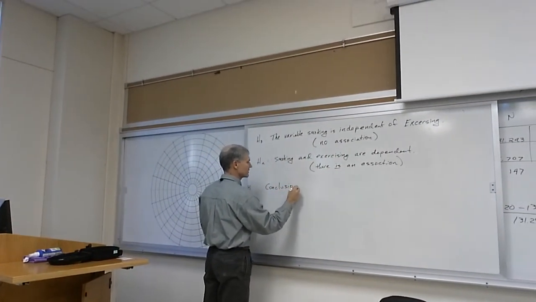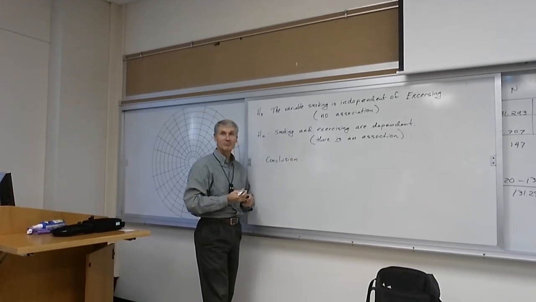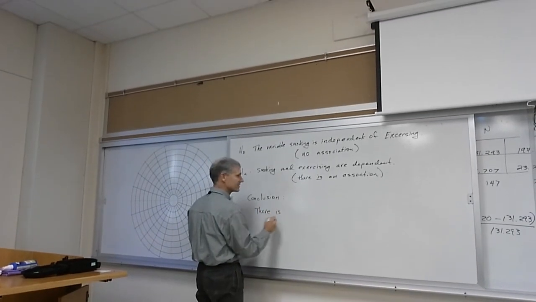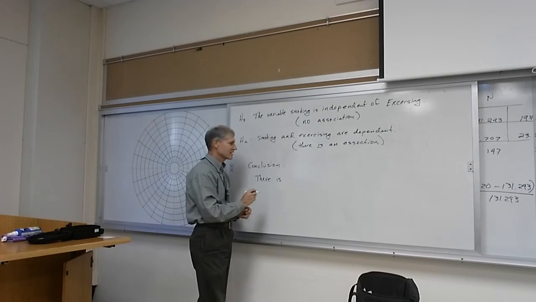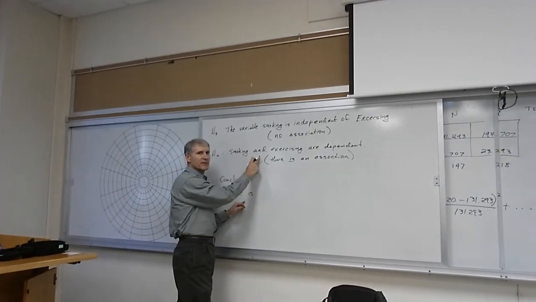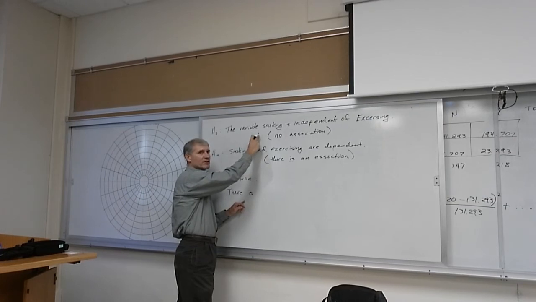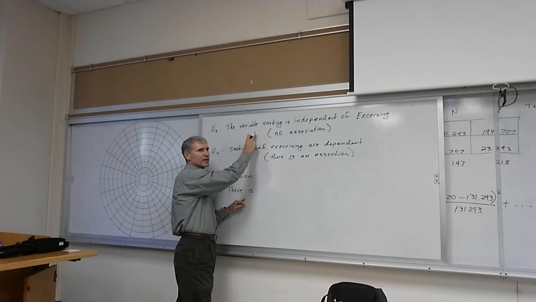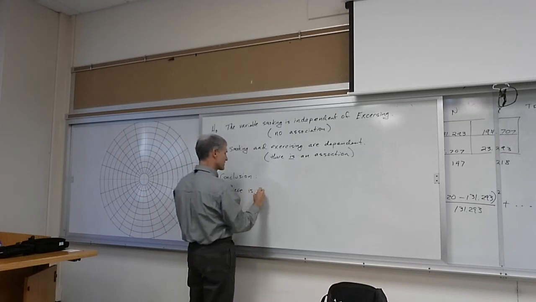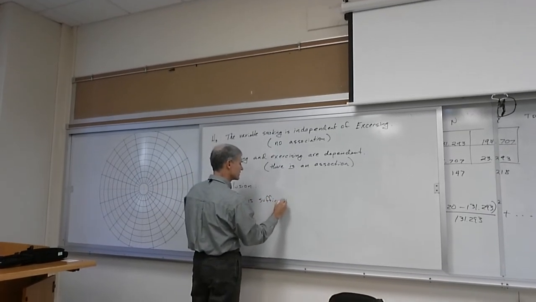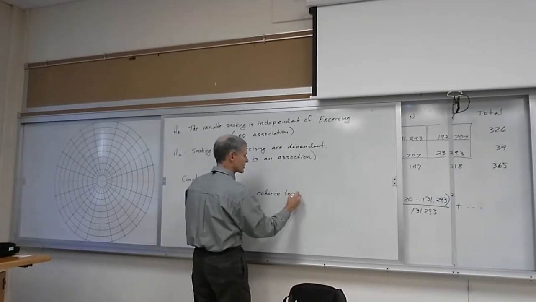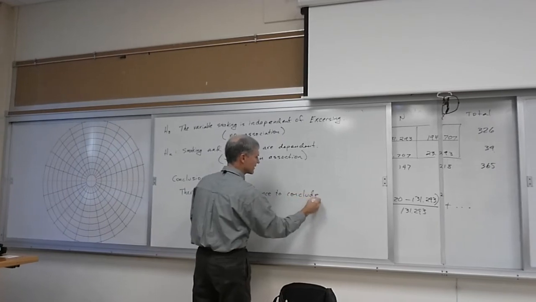How does that sentence always start? There is blank evidence, right? So there is or there is not. Which is it? There is. And you always talk about the alternative hypothesis. I'm going to reject the null, so there is evidence for the alternative. If I don't reject the null, then there is not evidence for the alternative. Got it? So there is sufficient evidence to conclude, and then you basically just write out whatever your alternative is.